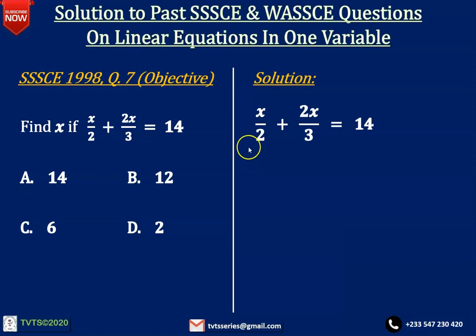We first need to multiply through by the LCM of the denominators 2 and 3, which is 6. So we have 6 times x over 2 plus 6 times 2x over 3 is equal to 6 times 14.